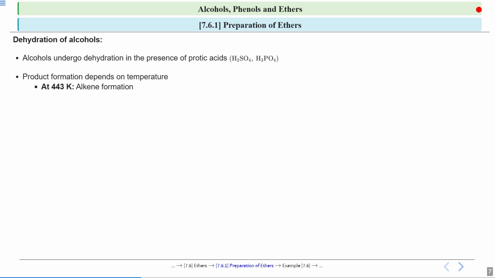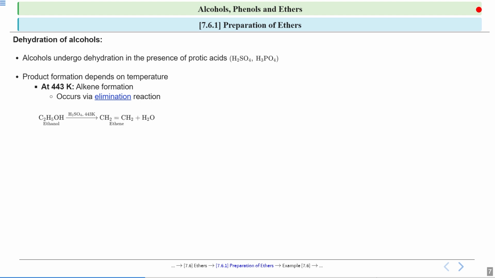So what will happen if the temperature is high? If the temperature is 443 Kelvin, then instead of ether, an alkene will be formed. And when the alkene is formed, it occurs by an elimination reaction, not by a substitution reaction.